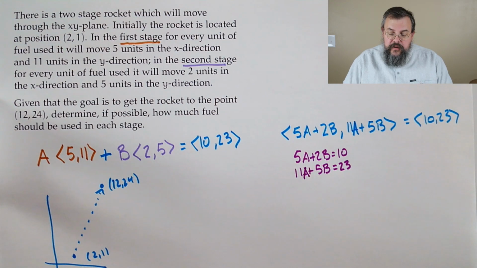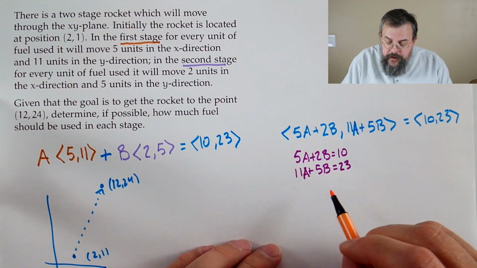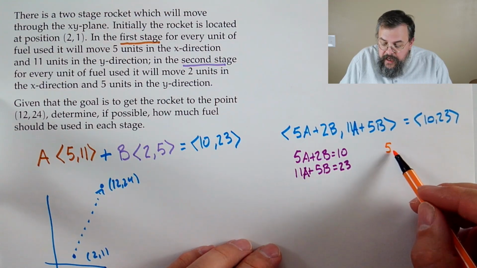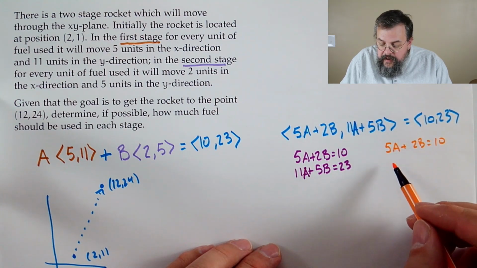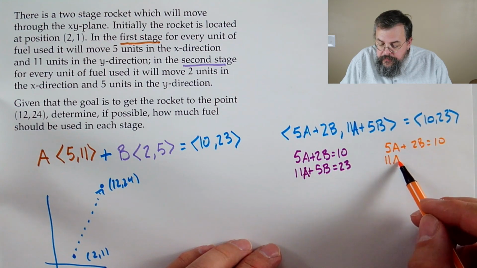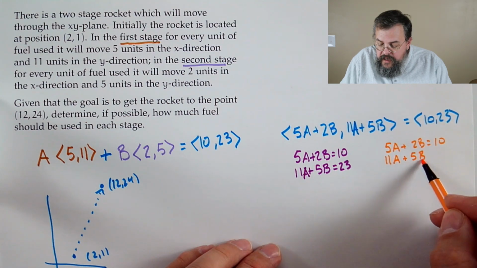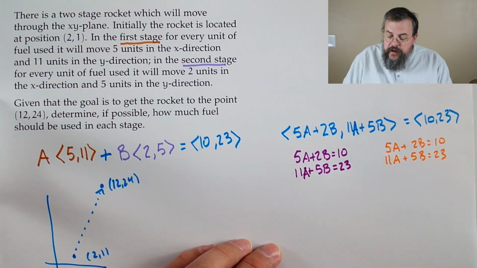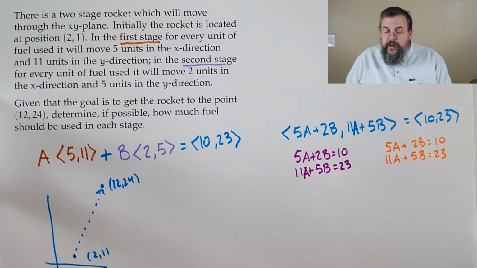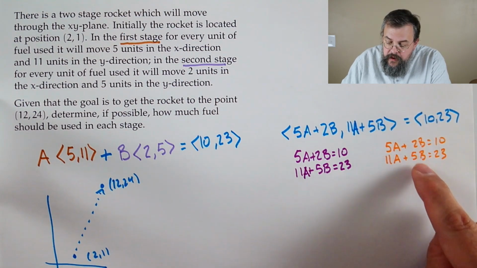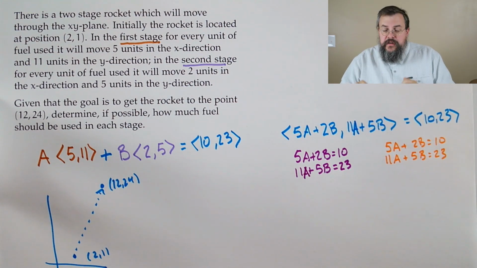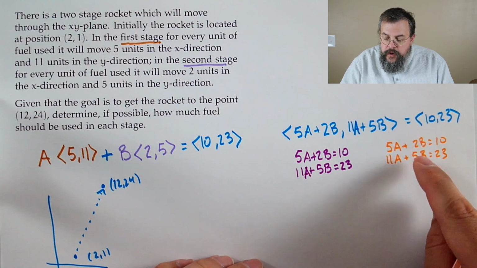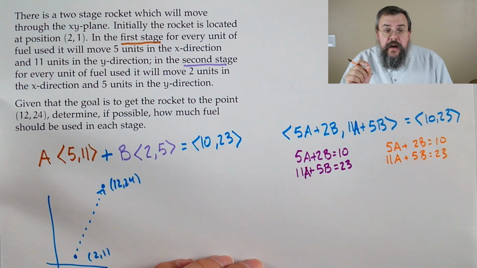For a second, let's focus on the B variable. So I have 5A plus 2B equals 10, and 11A plus 5B equals 23. Now, what do we do? Well, if we want to cancel the B's, we should find a way to scale the equations so that what's in front will be the same size but opposite sign.